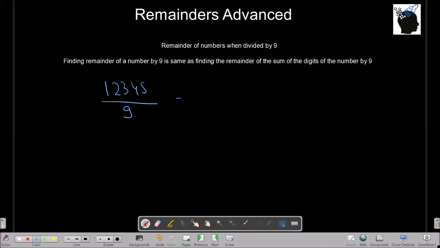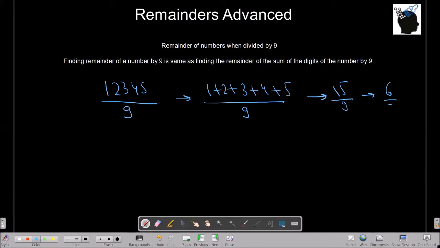What we are saying is this is the same as adding all the digits. So 1 plus 2 plus 3 plus 4 plus 5 and dividing by 9, which is nothing but 15 divided by 9, or 6. That means 12345 when divided by 9 will give us 6 remainder.